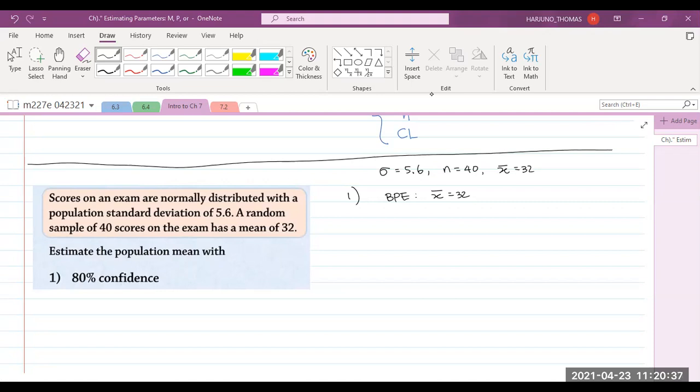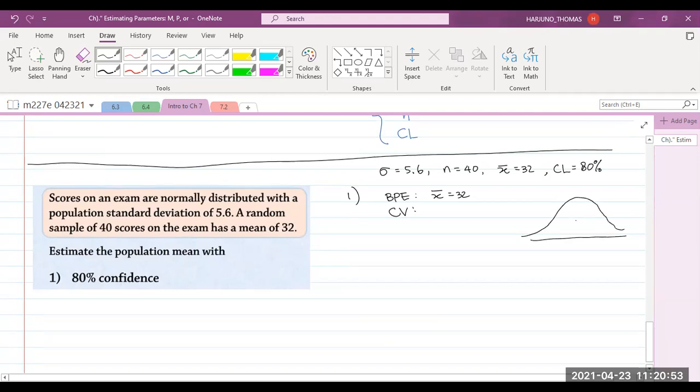How about the critical value? The confidence level is 80%. So I construct a standard normal distribution with the area 80% in the middle. Confidence level always means the area in the middle is 80%.